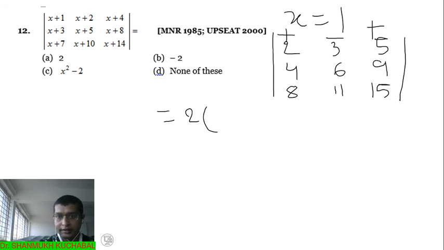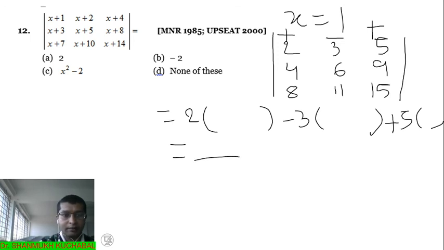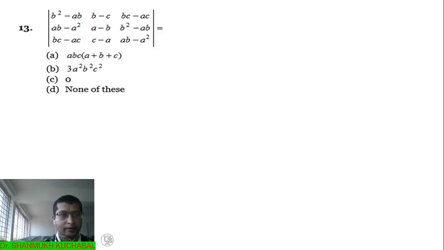Yes, so like this we have to simplify. Minus 3 we have to simplify, plus 5 we have to simplify, and whatever answer comes should match with this. So I will leave this example for you, do it yourself. Okay, very simple example, right?